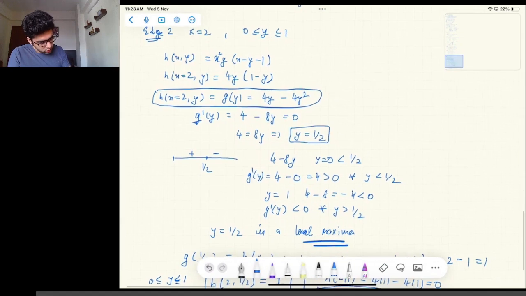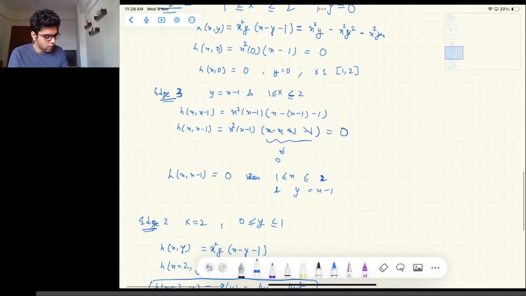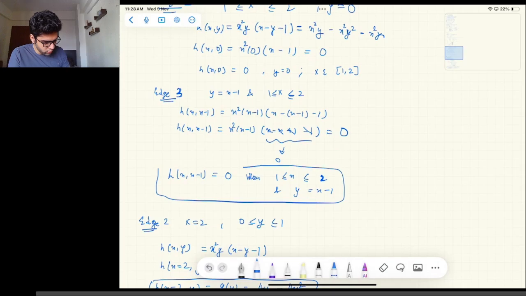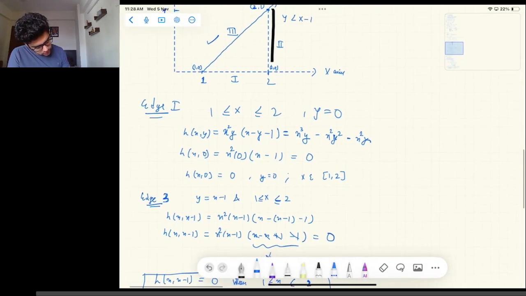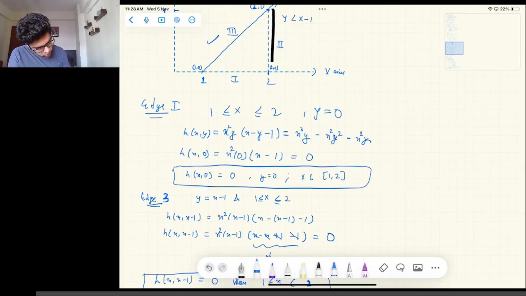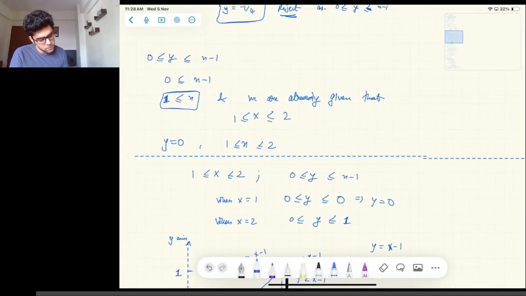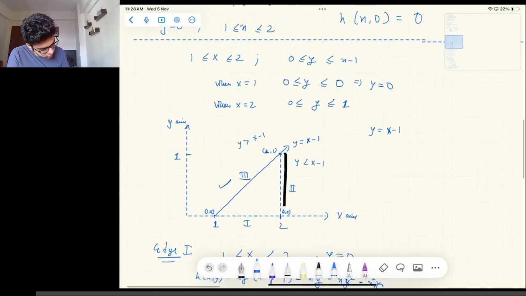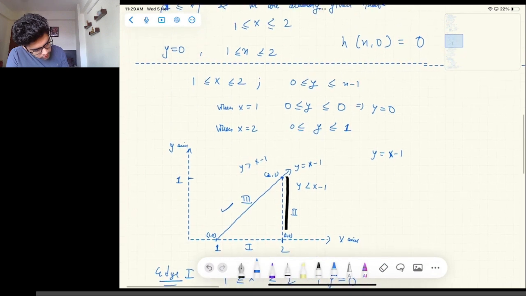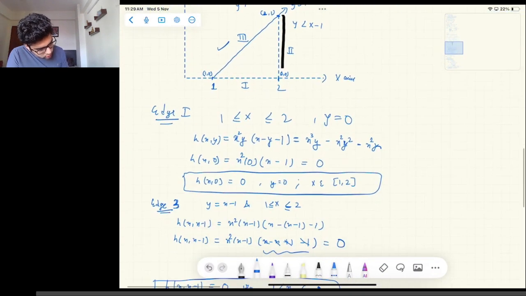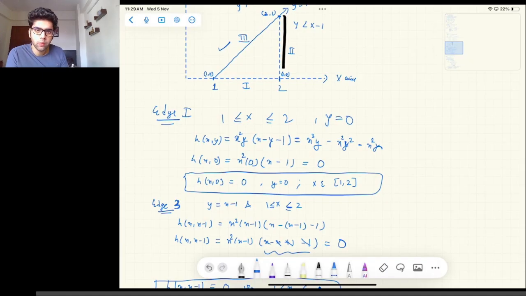The points that we found using the edges, we are getting 0 at all these points, and 0 here also, right? And before this we also found that if I substitute x comma 0 at all points, I'll be getting 0 only. I have found this on edge 1. H1 was all about x lying between 1 and 2 and y equals 0, so I'll be getting the functional value as 0.